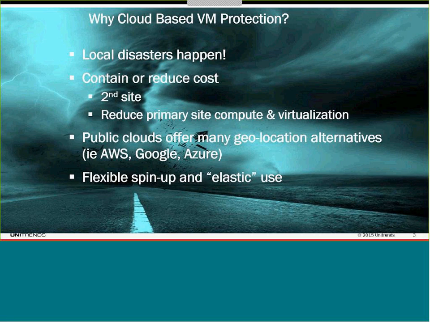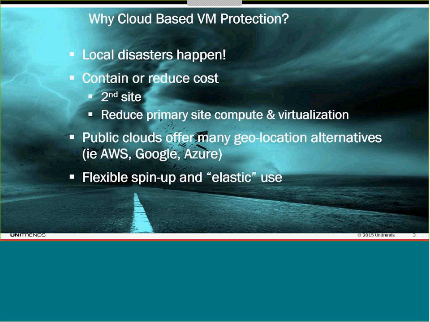So, why are many companies today using cloud-based virtual machine protection? Of course, local disasters can happen. As a result, providing a second site is handy, especially for smaller customers that can't afford to build one on their own. Provide VM-based protection in public clouds to contain or reduce your local site costs.